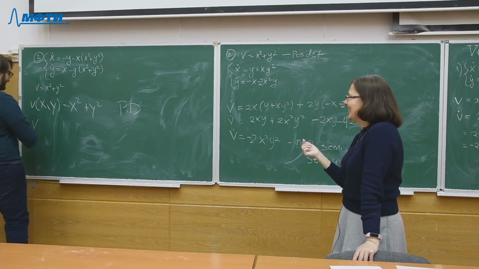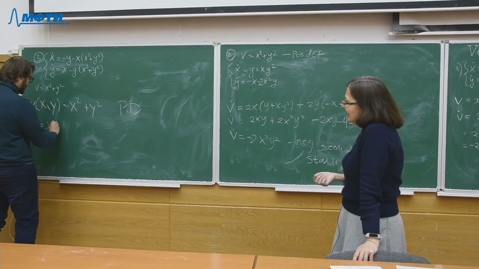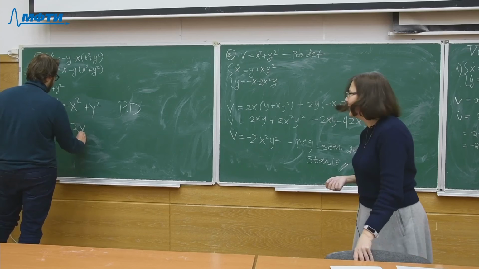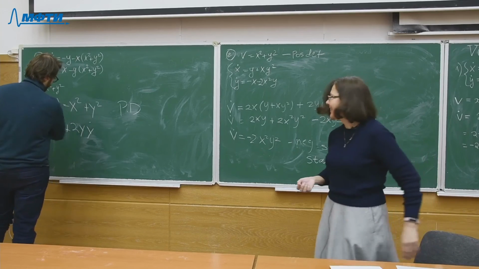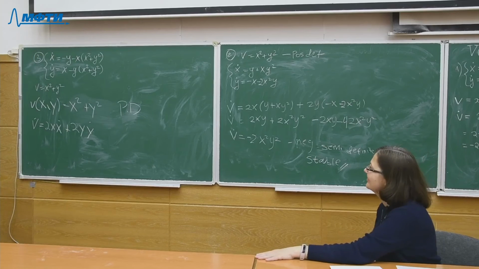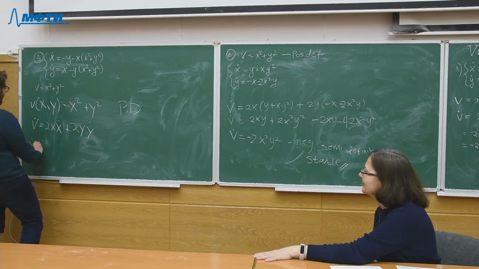V dot is going to be equal to 2x x dot plus 2y y dot. Now we do substitution from the system.